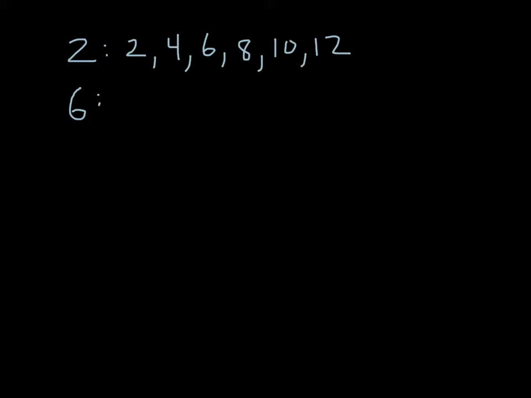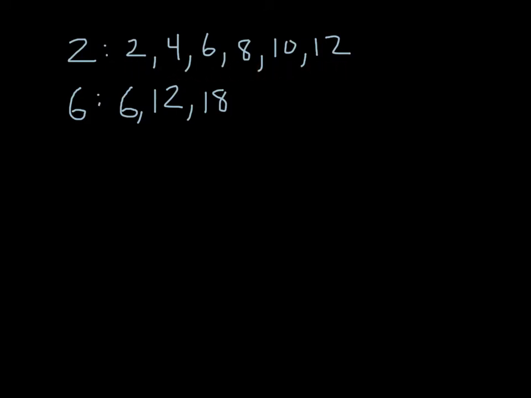So multiples of 6, we start with the first one, which is the number itself, 6, and then 12, and then 18, and actually I can already stop, because while you're listing the multiples of the second number, each time you put down a multiple, you should go up and see if that multiple is in the multiples of 2.